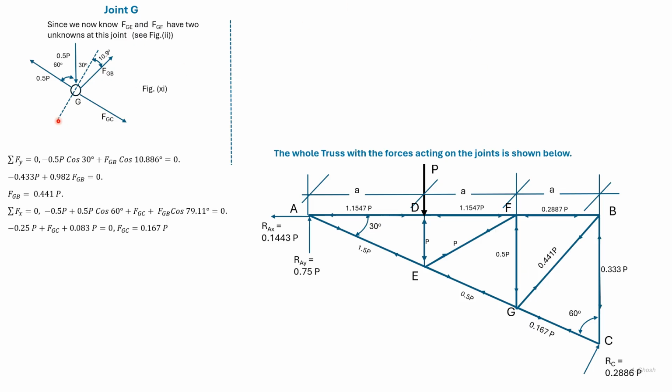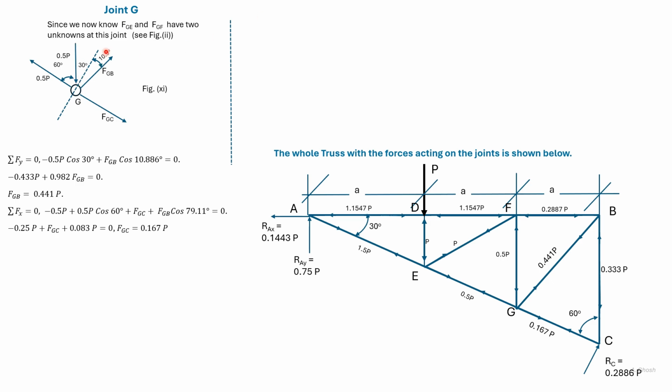Then this line perpendicular to EGC would make a 10.9 degree angle with GB, and FG would make a 30-degree angle.